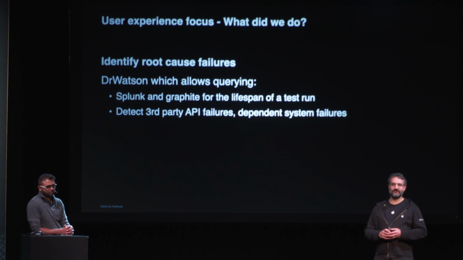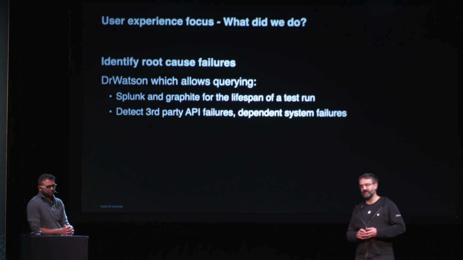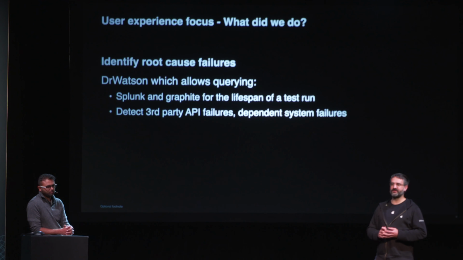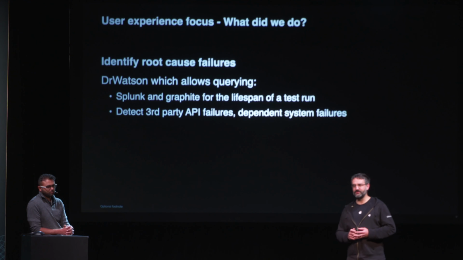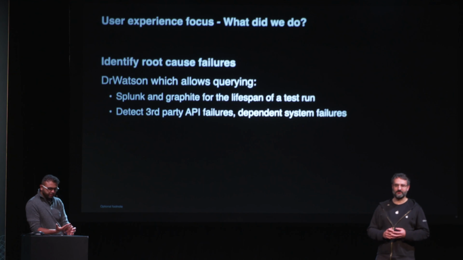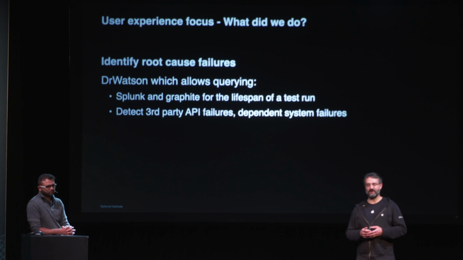Identifying root cause failures. We noticed that we had a lot of data in Splunk and Graphite, but it wasn't really easy to figure things out. So we created a new application that we call Dr. Watson to identify what was going on in Splunk and Graphite and automate a lot of the queries. Like during the lifetime of the cluster, what went on with the cluster?